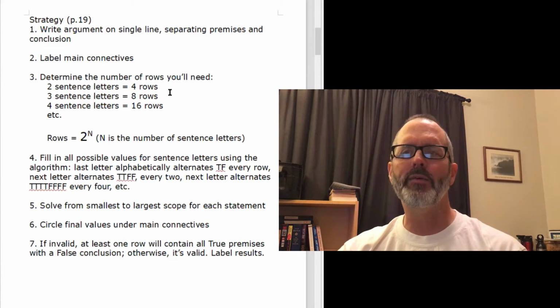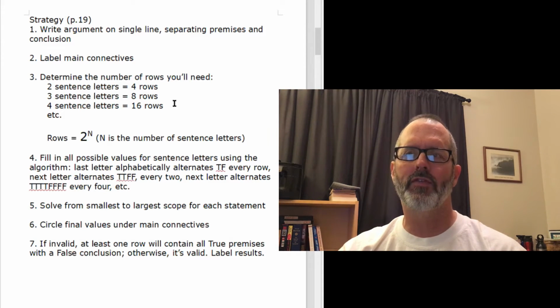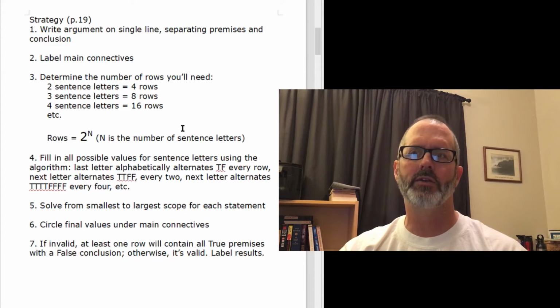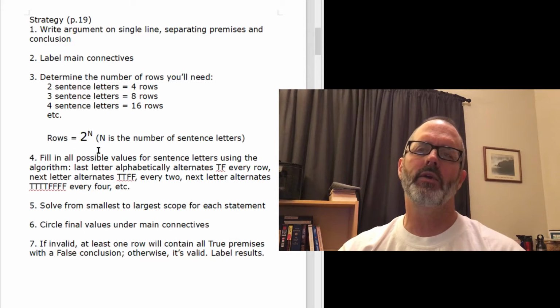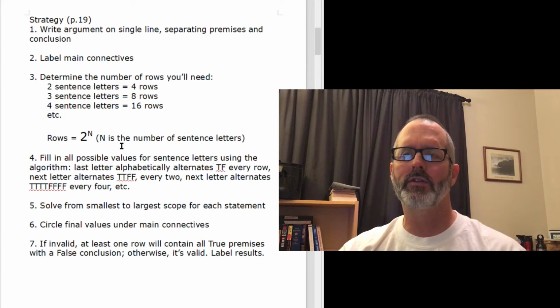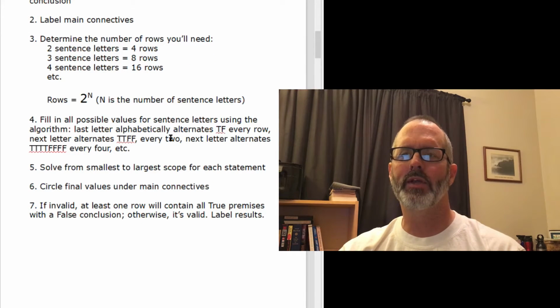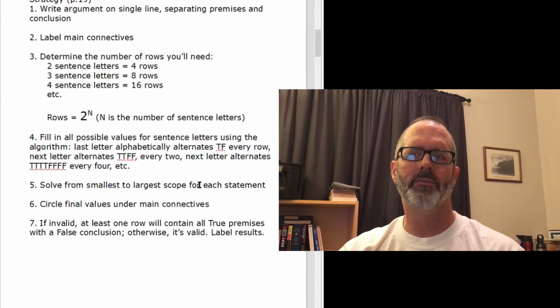So here's an easy way to remember it. If you have 2 sentence letters, you're going to need 4 rows of possible truth combinations. If you have 3 sentence letters, 8 rows, 4 sentence letters, 16 rows. And if you're a math nerd, you can simply use 2 to the n, where n represents the number of different sentence letters. That'll give you the number of truth combinations.